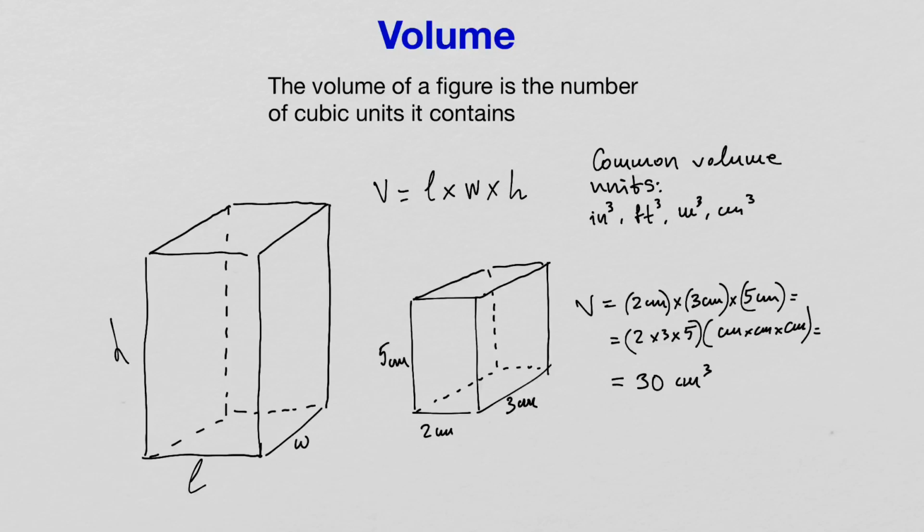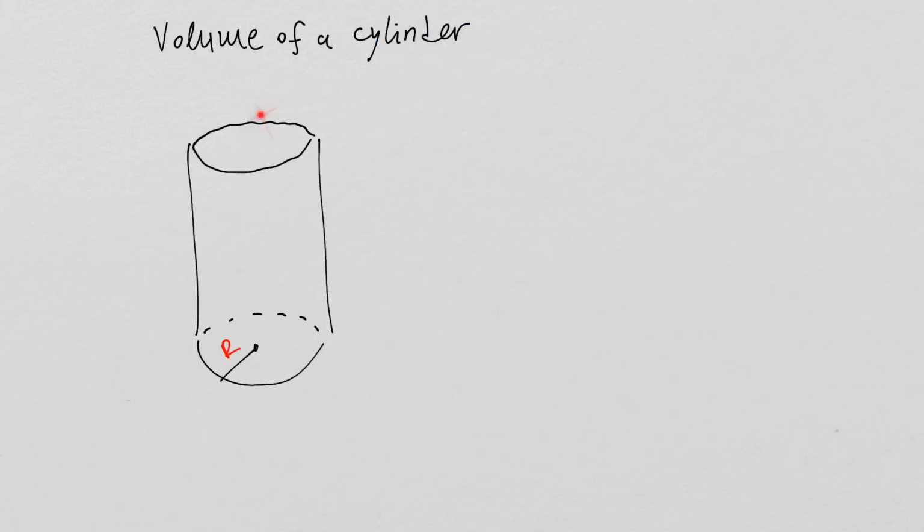Now we have one more specific shape that we must discuss, and that is the cylinder. So the calculation of the volume of a cylinder is not exactly done the same way as the calculation of the volume of a nice rectangular shape like this one. So here is a cylinder which has a base which is a circle with radius r, and the cylinder also has height h.